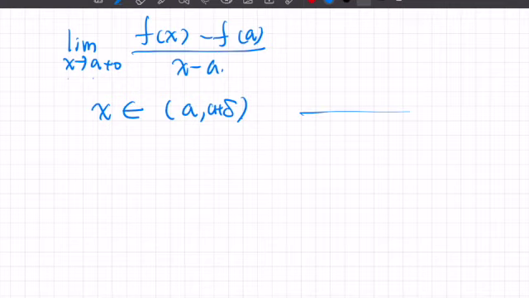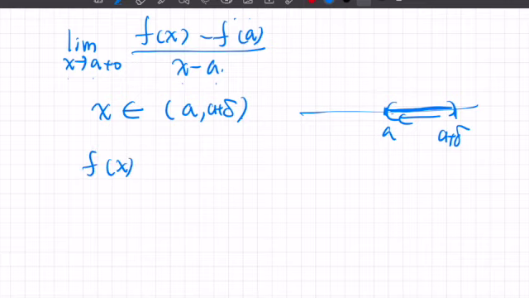Okay, so if we have a here and delta here, a plus delta here, suppose x is somewhere between here, moving towards a, then in that case x minus a is positive, and since f of a is a local maximum by assumption, f of x minus f of a is less than or equal to 0.